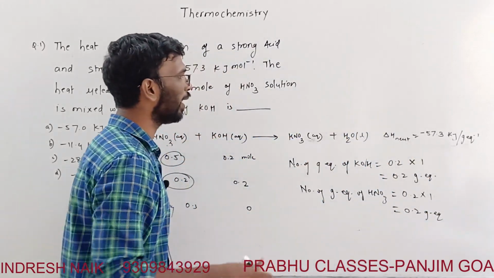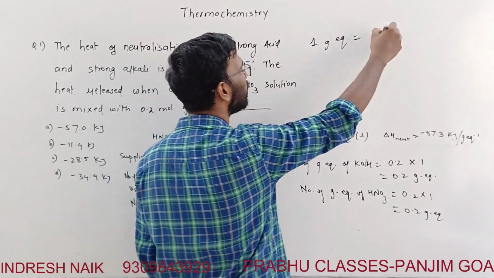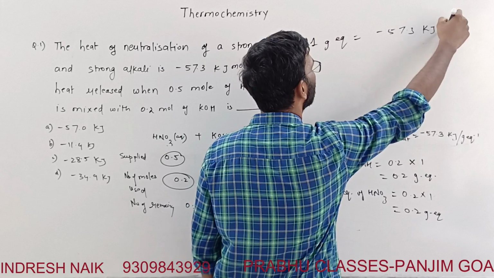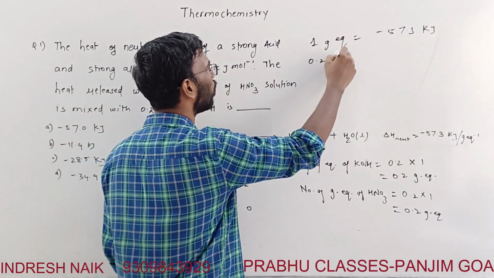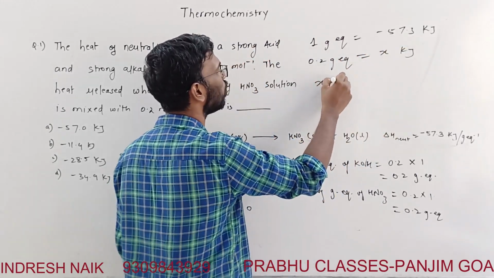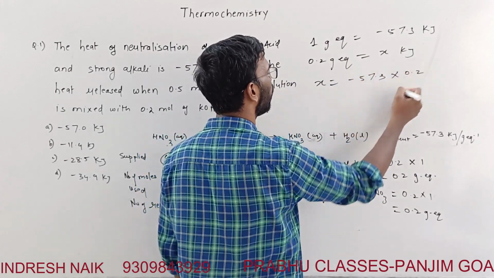For 1 gram equivalent, how much heat is released? Minus 57.3 kilojoules, right? So for 0.2 gram equivalent, how much heat is released? X kilojoules. X will be equal to minus 57.3 into 0.2.